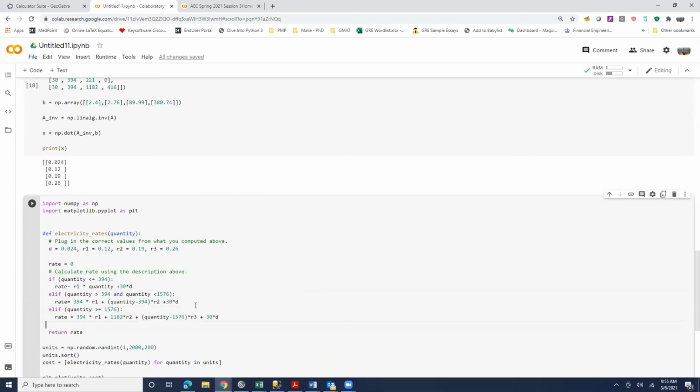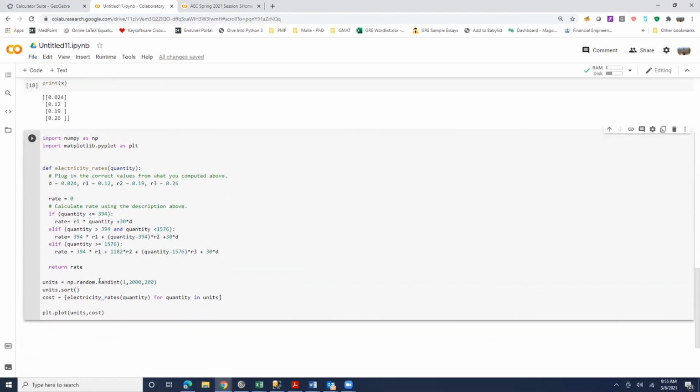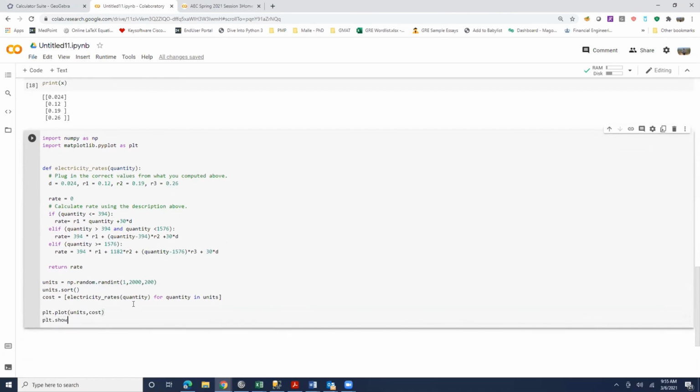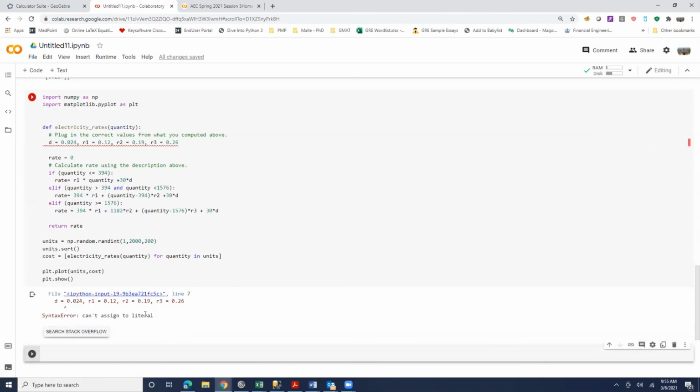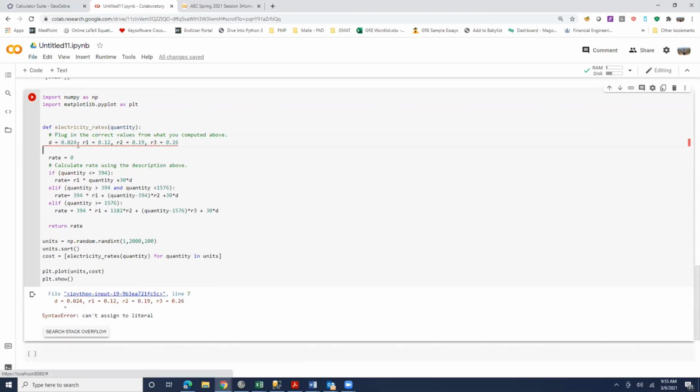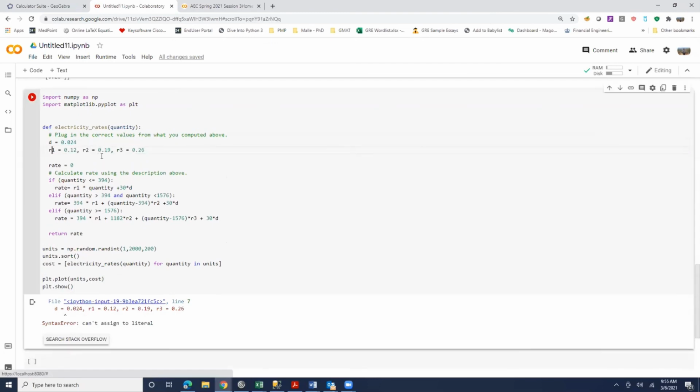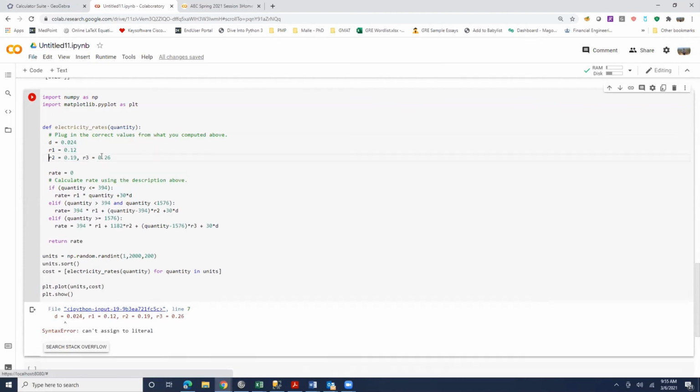We wouldn't do anything wrong, so let's ignore that. Okay, so is this all right? So 394 R1, 1182 R2, 1576 R3. Okay, perfect. So we just pick all this and then we'll plot. Oops, can't assign literal. Commas don't work.